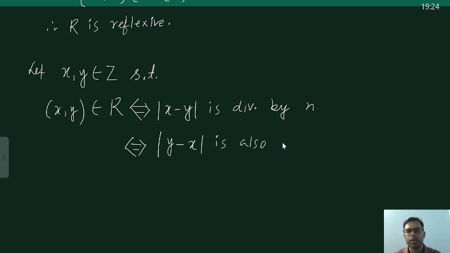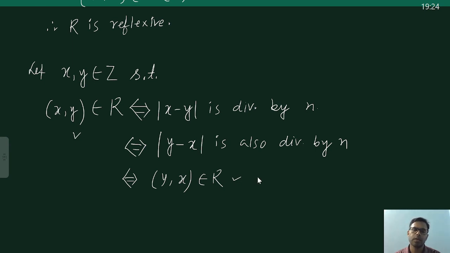When y minus x is divisible by n, it means the corresponding ordered pair yx also belongs to R. We have taken xy belongs to R, and finally we obtained yx also belongs to R. So what does it imply? Therefore R is symmetric.